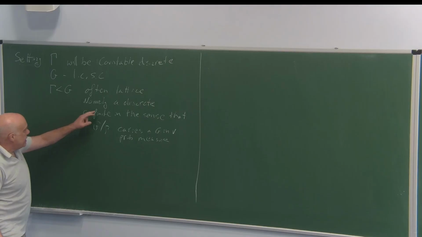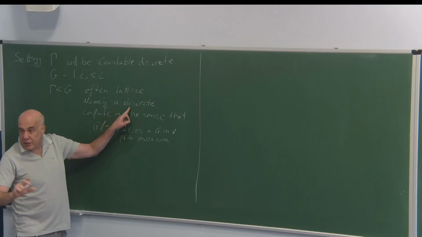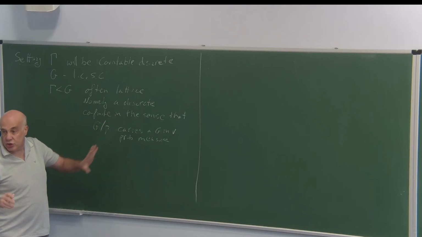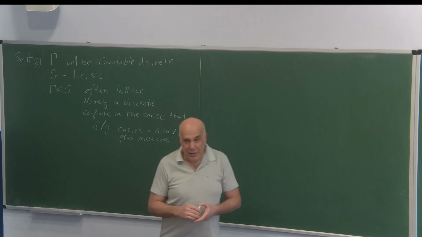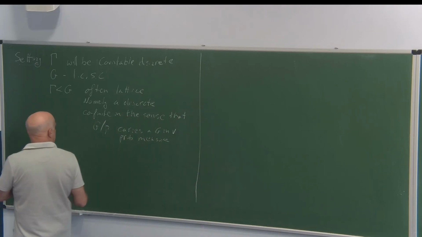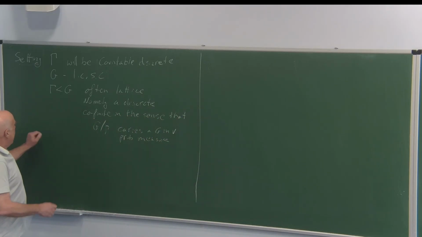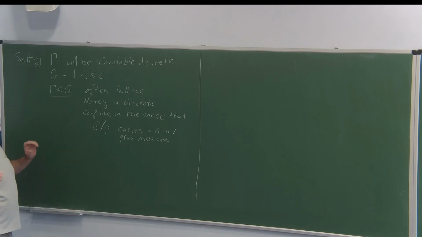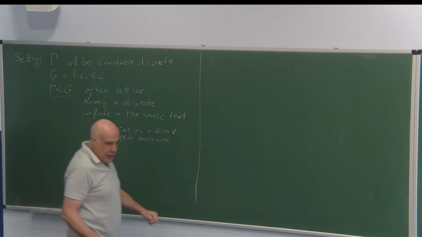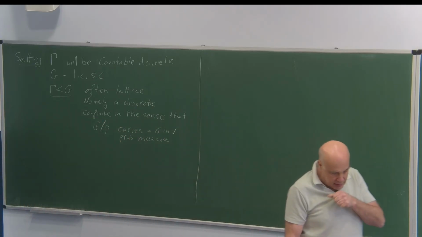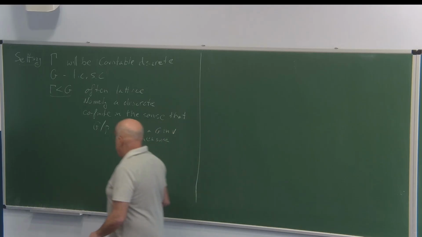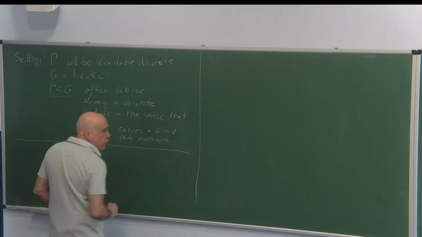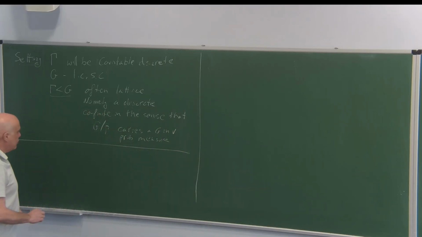So in a way, gamma is a small subgroup because it's discrete, but it's also large because it captures a significant proportion of the group. A guideline is that gamma is going to mimic interesting properties of the group G. So this is from the group theoretic point of view. That's going to be our notation.